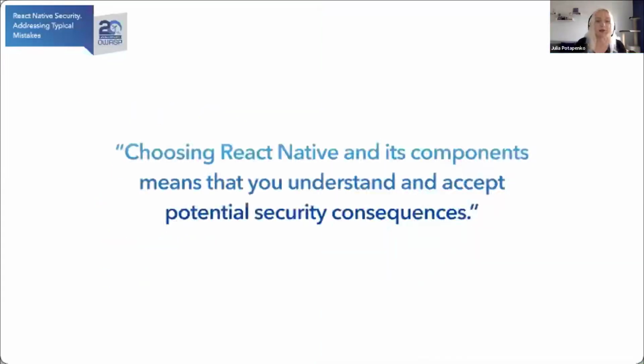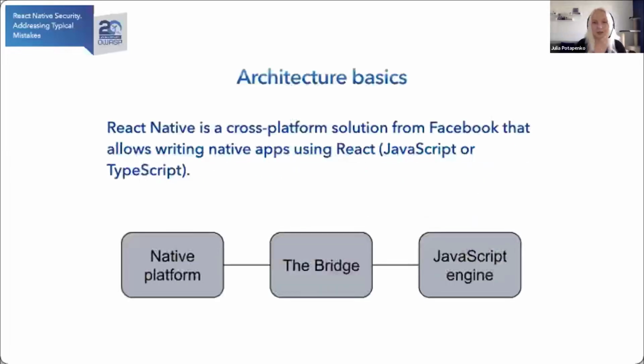I would like to start with this phrase: choosing React Native and its components means that you understand and accept potential security consequences. To understand what it means, let's take a look at the architecture of React Native apps. It's just a general overview. React Native is a cross-platform solution from Facebook that allows writing applications using React, JavaScript, and you can also use TypeScript.